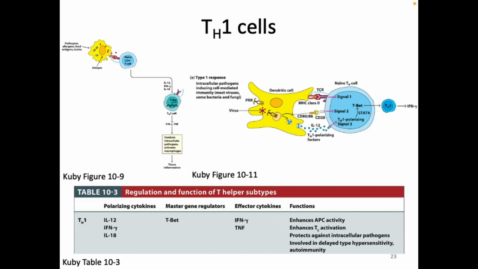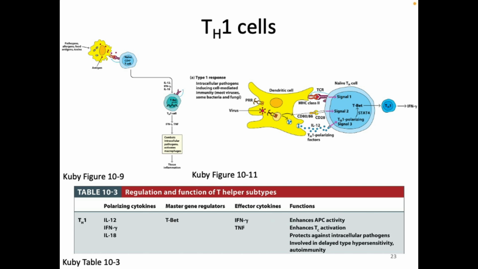Interferon gamma can also turn on CD8 T cells. And interferon gamma can do one other function that I'll show you on the next slide, which is activate macrophages. So interferon gamma is really great for making MHC presentation awesome, making CD8 T cells work well, as well as activating macrophages.